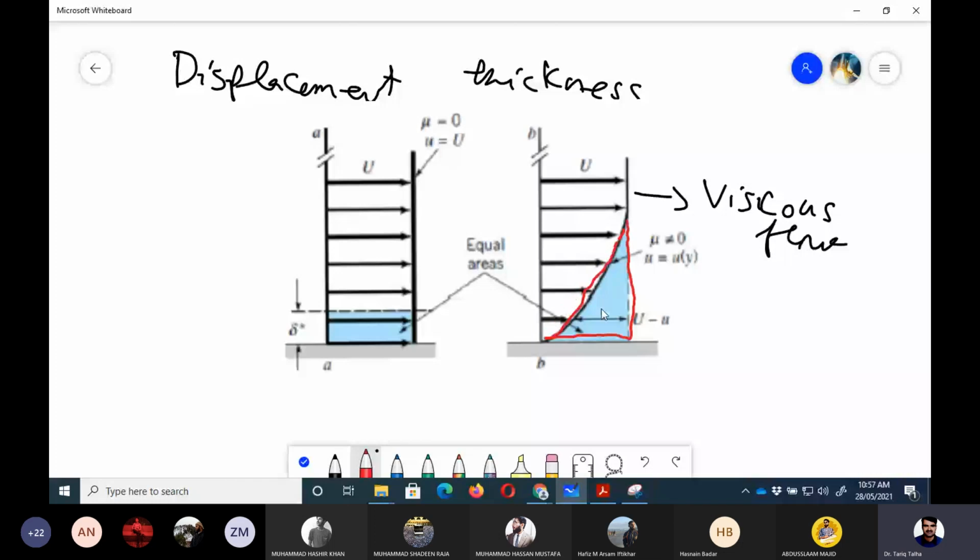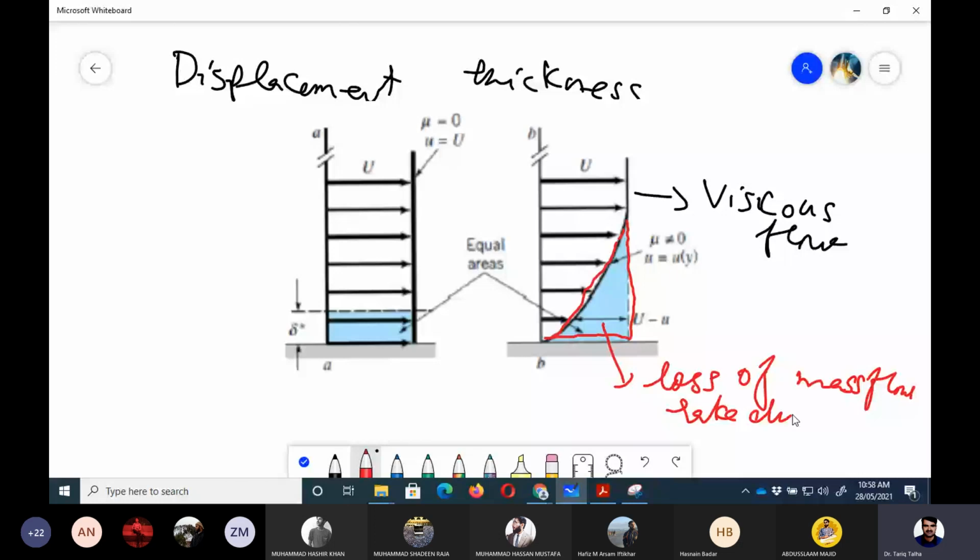We can call it loss of mass flow rate due to viscosity.